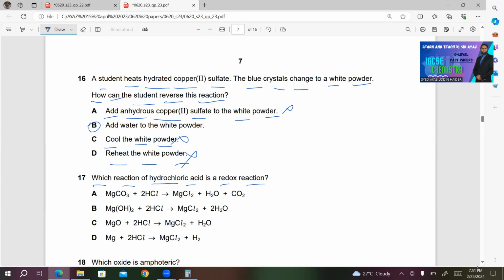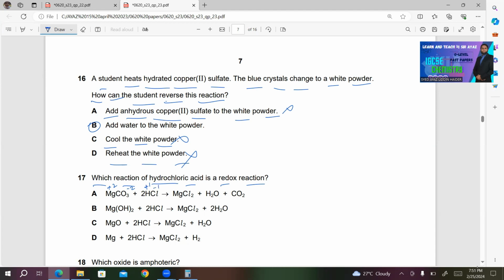If you know the change in the oxidation number, then you can easily predict whether it's a redox reaction or not. In MgCO3, the overall charge on the CO3 ion is -2, and for magnesium, it must be +2. What about HCl? H must have +1 as it is attached to the electronegative element, which is Cl, so Cl must have -1.